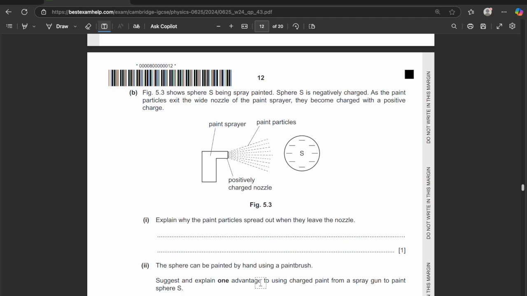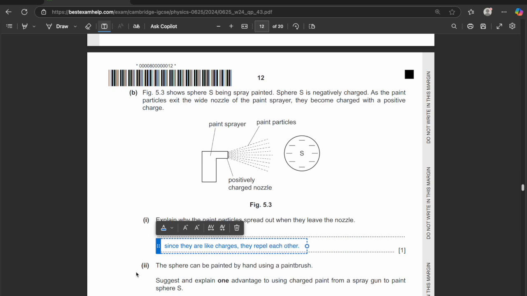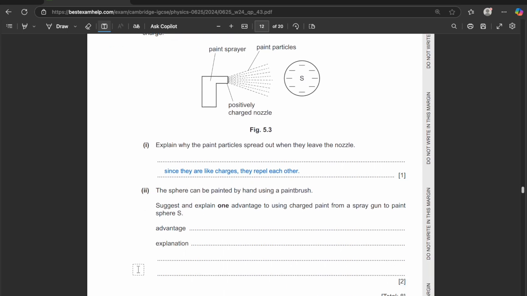They all are like charges, right? So they will definitely repel each other. Since they are like charges, they repel each other.